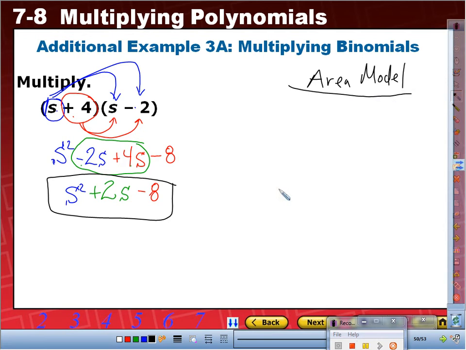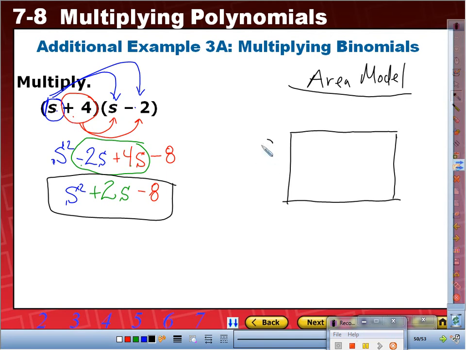Area model. Here's my rectangle. Now, check this out. It doesn't matter which one you write first, either the first factor or the second factor. So, I'm going to take the first factor, which is this one, s plus 4. Do you guys see it?